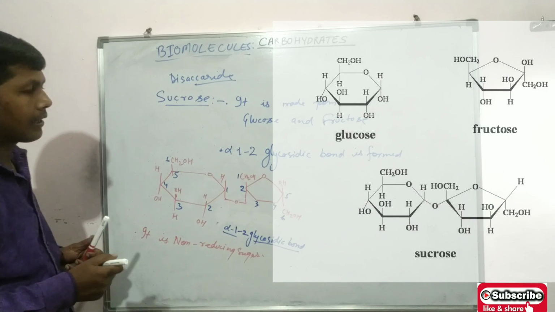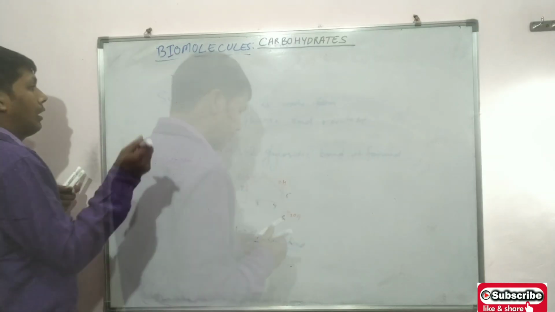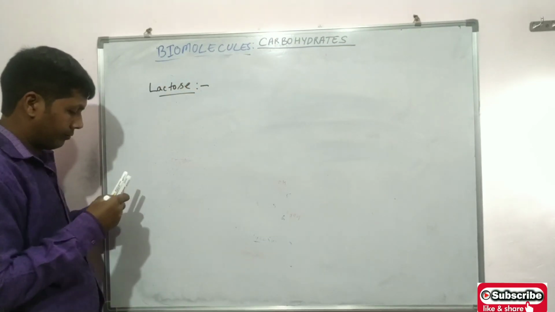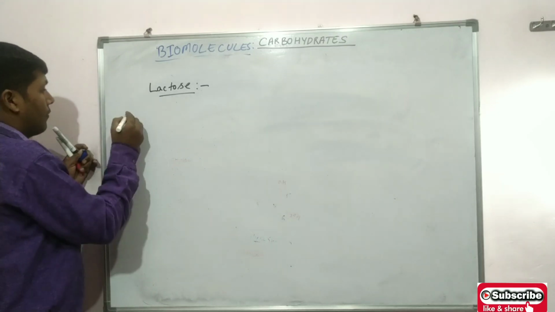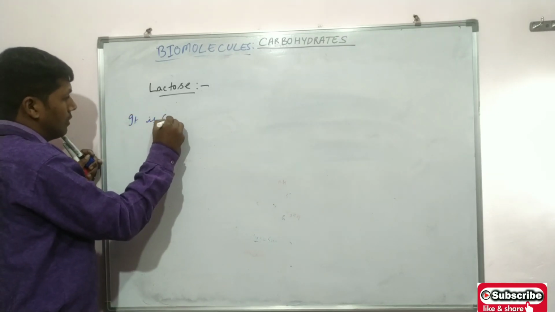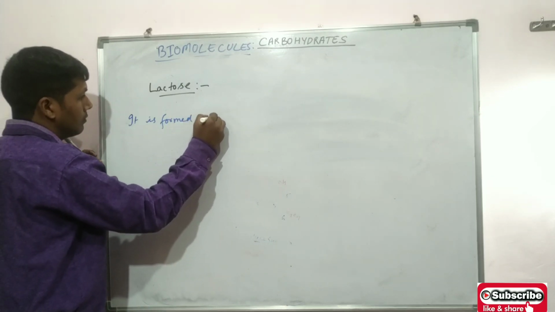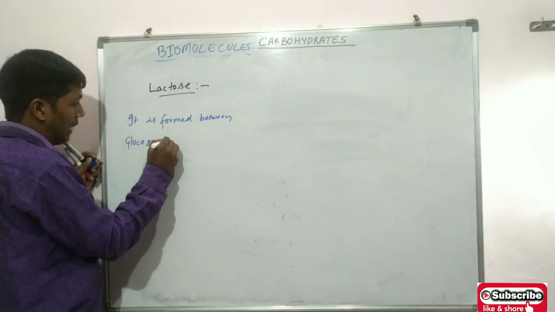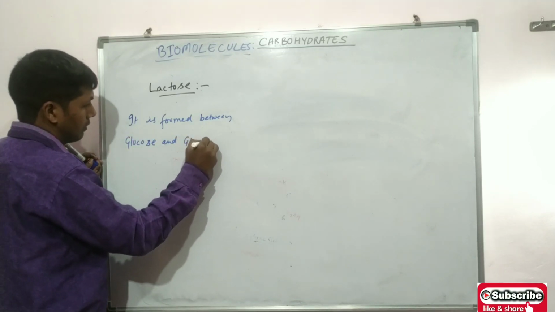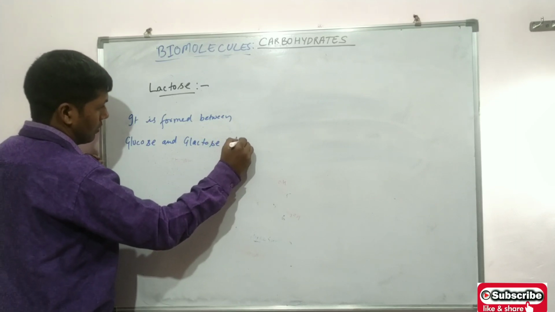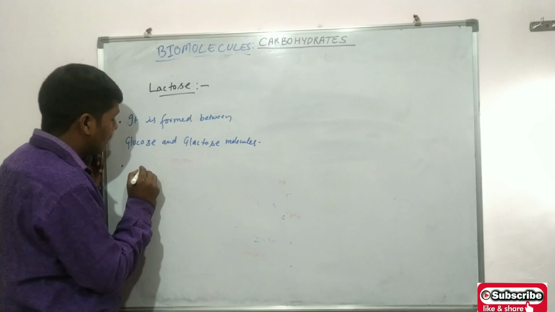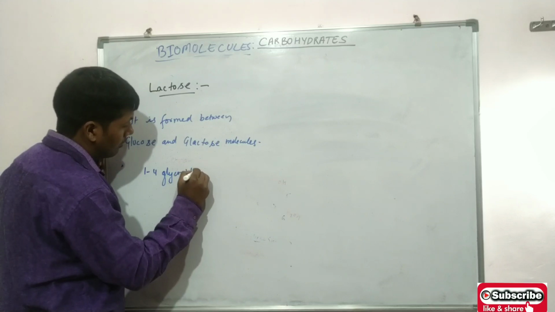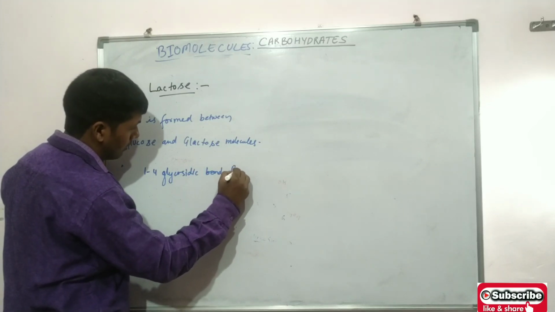The next disaccharide is lactose. It is formed between glucose and galactose molecules, and there is a 1,4 glycosidic bond formation.